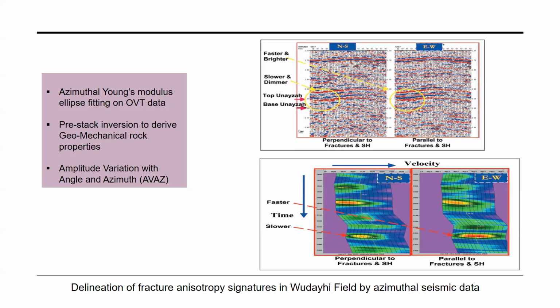And then we jumped into the post-stack domain, where we touched upon some of the relevant volume attributes which are used to delineate discontinuity. In this case, it can be faults or fractures.